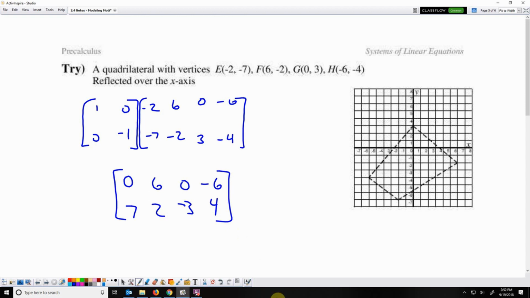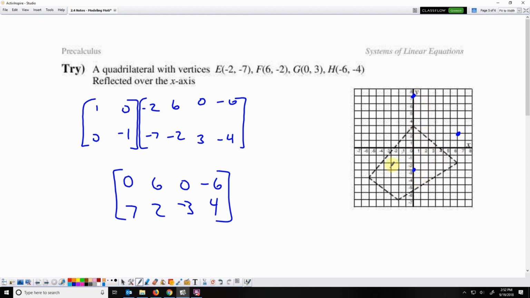So those are my new coordinates. 0, 7, 6, 2, 0, negative 3.